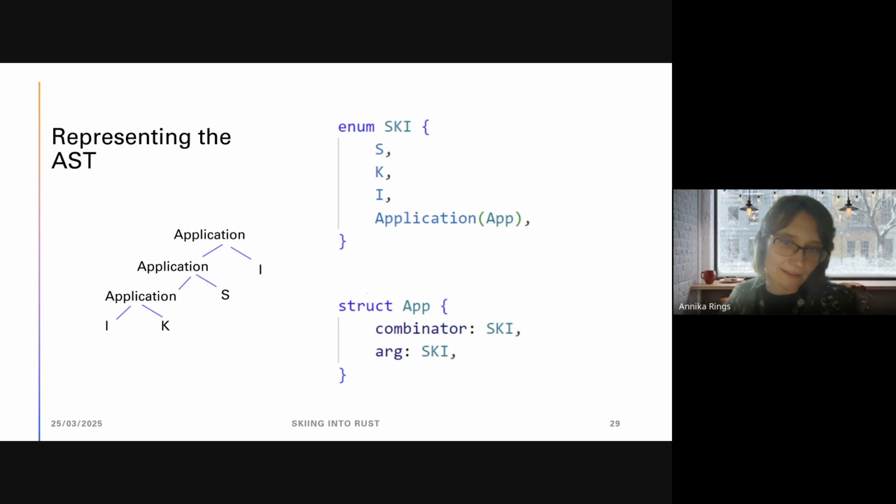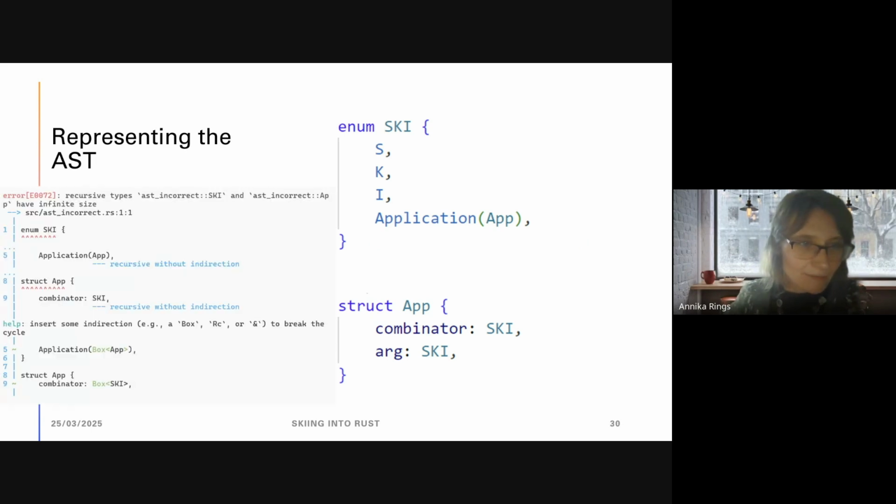But this doesn't actually compile in Rust because, well, it tells us why. Recursive types have infinite size, so this doesn't work. The reason is that Rust needs to know how much memory to allocate for this. And it figures this out by determining which of the variants has the largest memory requirements, which in this case is obviously this application variant.